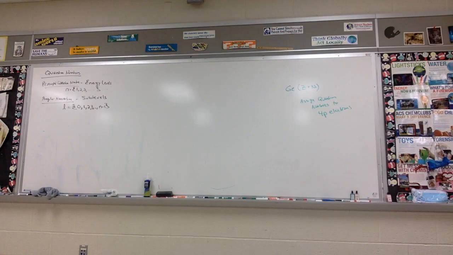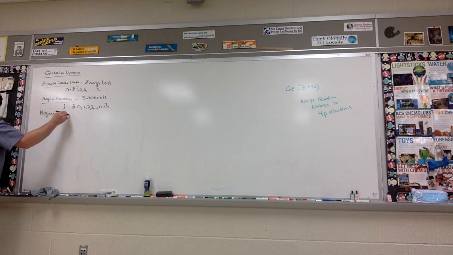All right. What was the next quantum number? Magnetic quantum number. And what did the magnetic quantum number define? That defines the number of orbitals per sublevel.